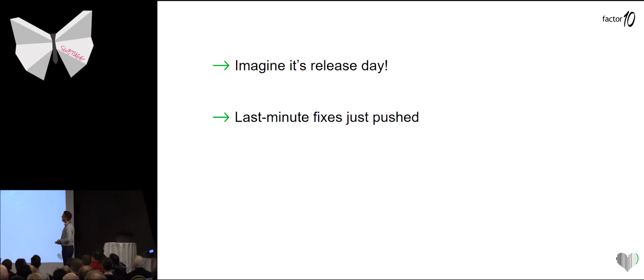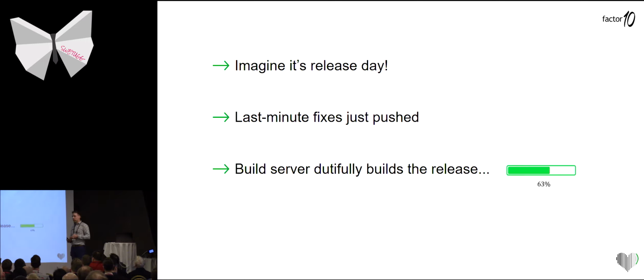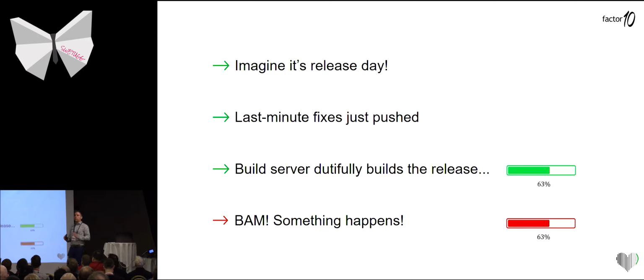Never, ever. And you and your team are sitting in front of the screen and you're watching the build server dutifully building the release. And if for some reason it takes longer than usual, as it does on release day, but it's up to 63% and it looks good, and then bam, something happens. The build fails. It's all red, all over the place.